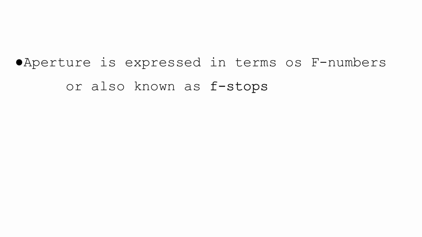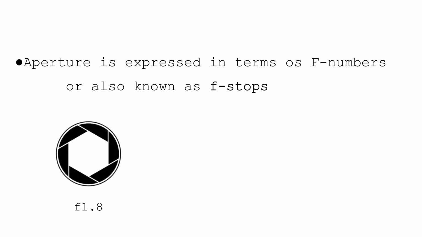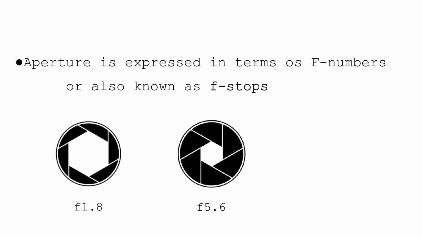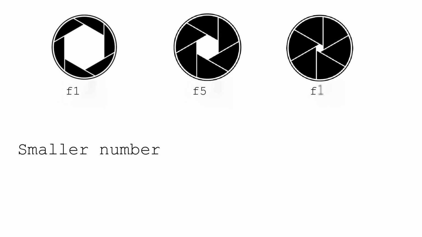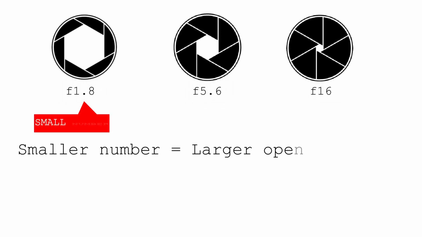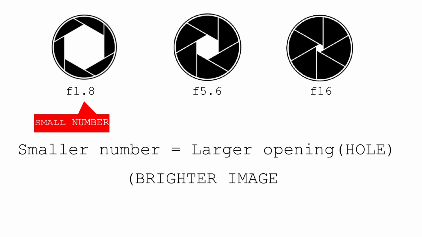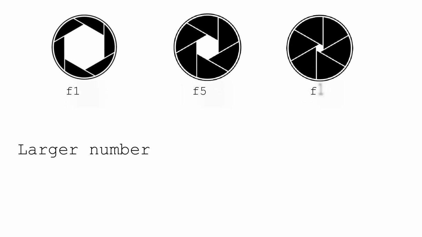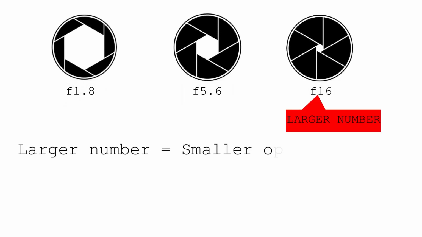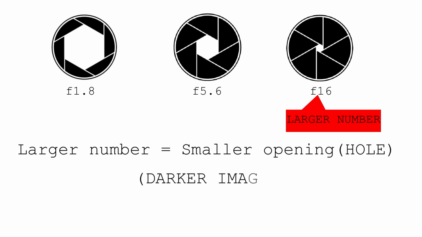For example, f1.8, f5.6, f16. The smaller the number, the larger the opening, meaning more light can enter the camera, giving you a brighter image. The larger the number, the smaller the opening, meaning less light can enter the camera, giving you a darker image.